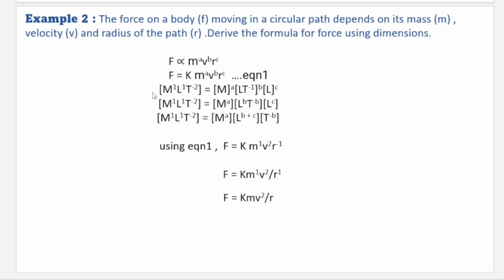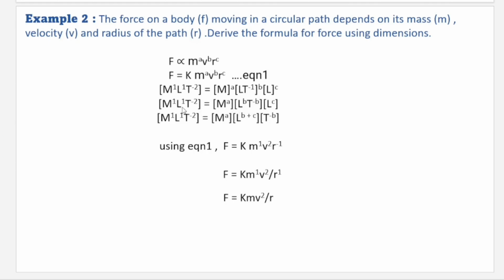Next step is dimensional formulas. So force dimensional formula is M1 L1 T minus 2 is equal to k is a dimensionless constant, so we remove it. So mass will be M whole a, velocity L T minus 1 whole b, radius is L whole c. Next step is getting together the same dimensions.